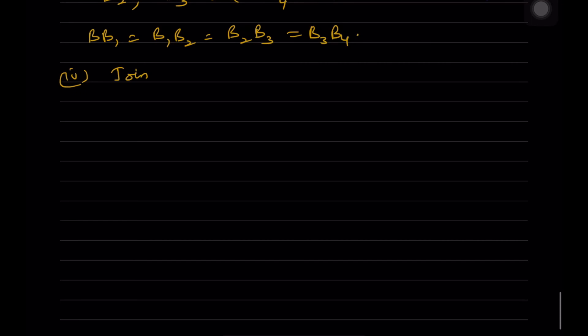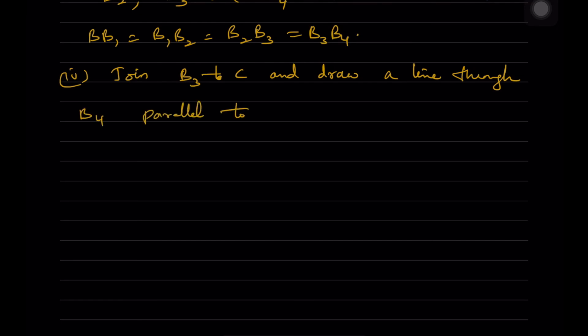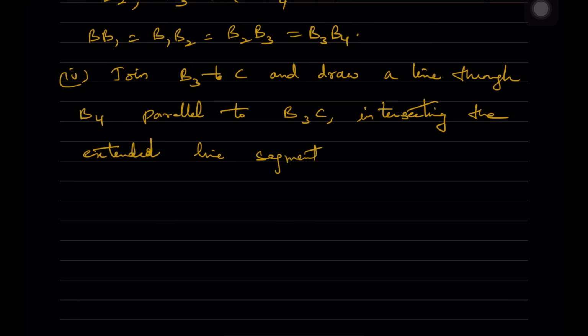Then join B3 to C and draw a line through B4 parallel to B3C intersecting the extended line segment BA at A dash.